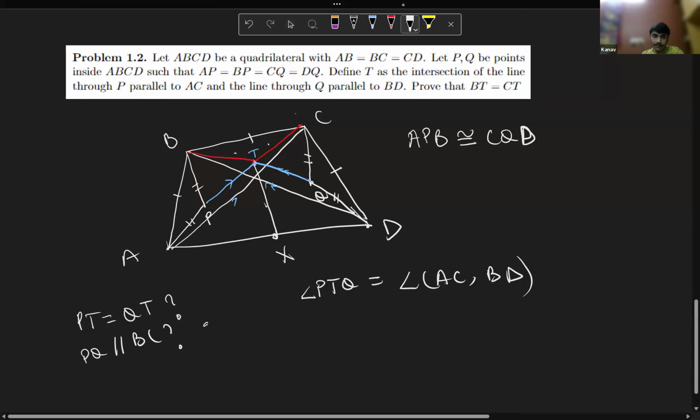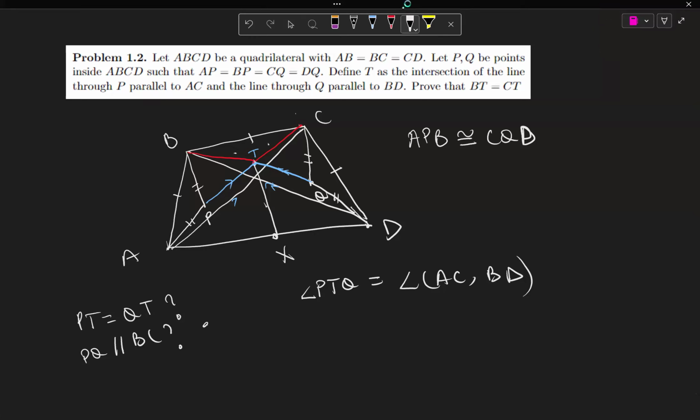Let's look at the second condition. Is PQ always parallel to BC? Yeah, it isn't. We can vary how we want to. That is the sad part. But yes, that is a great idea of making conjectures.